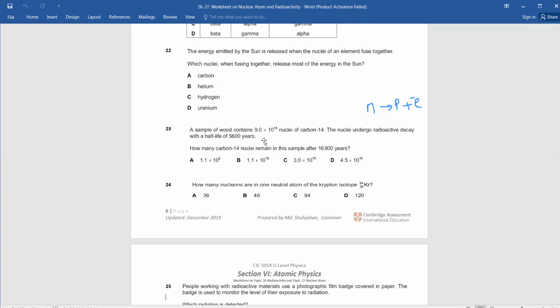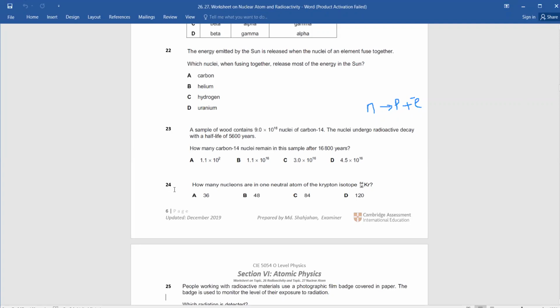It will be 4.5, then 2.25, then 1.125. The power is the same, 10 to the power 16, right? Only you are making half of this 9. Okay? Is it clear? Yes, sir.